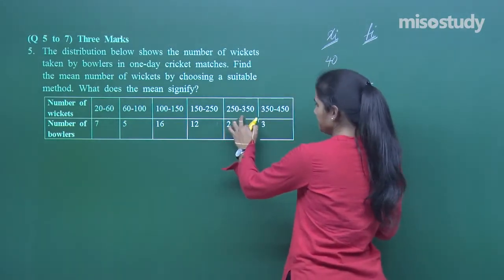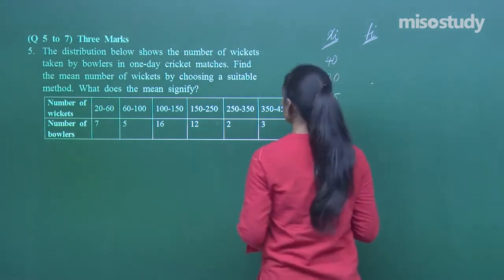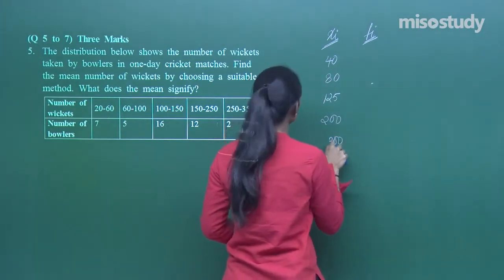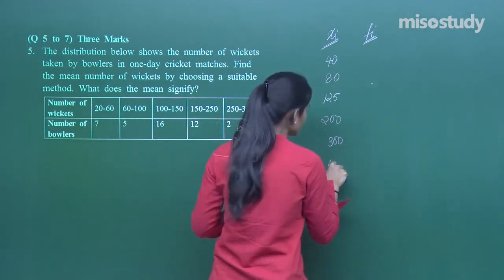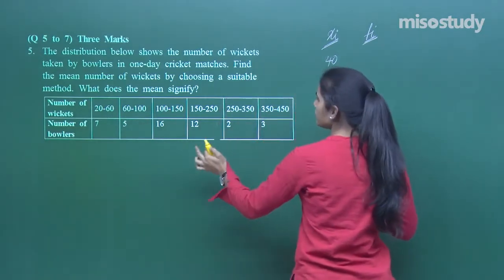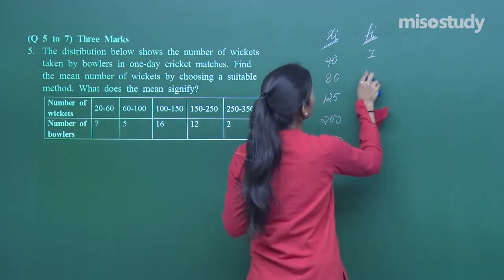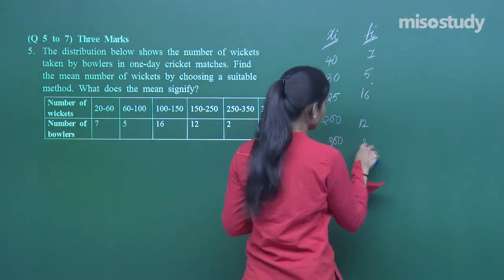Then 200 plus 300 is 500, plus 100 is 600, upon 2 is 300. And here it is 400 plus 300 is 700, plus 100 is 800, upon 2 is 400. So these are your xi's. Corresponding fi's are 7, 5, 16, 12, 2 and 3.